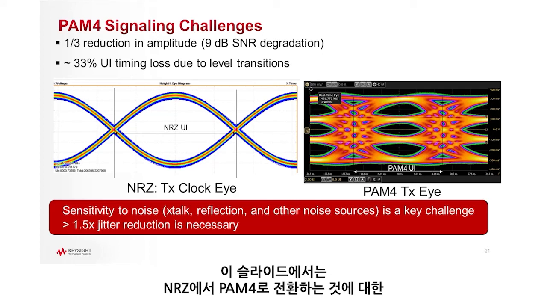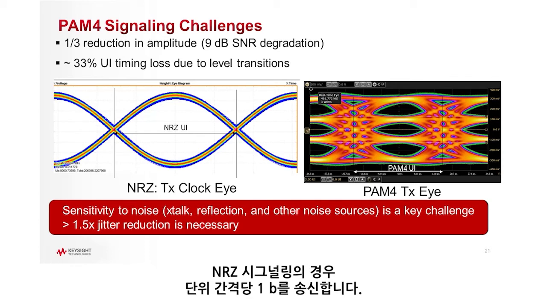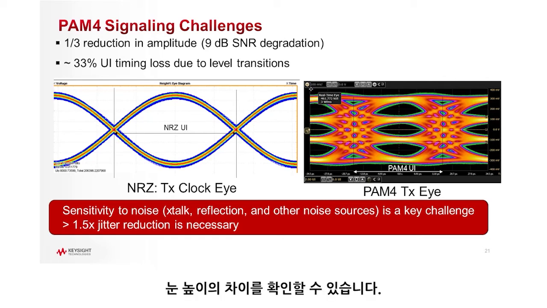This slide shows you some of the significant challenges of moving from NRZ to PAM4. With NRZ signaling, we are transmitting 1 bit per unit interval. With PAM4 technology, we are transmitting 2 bits per unit interval. But you can see the difference in the I height.